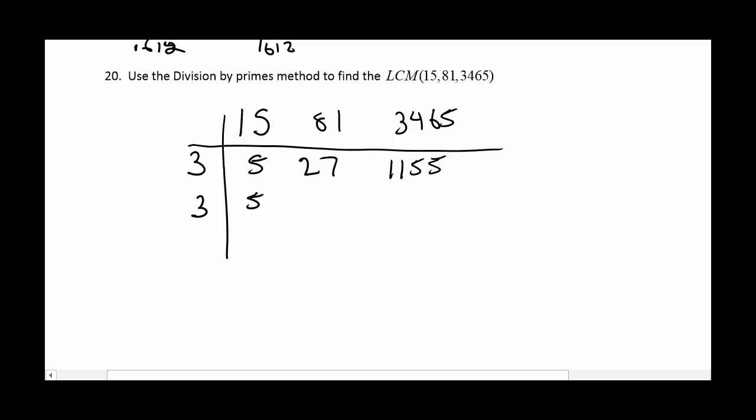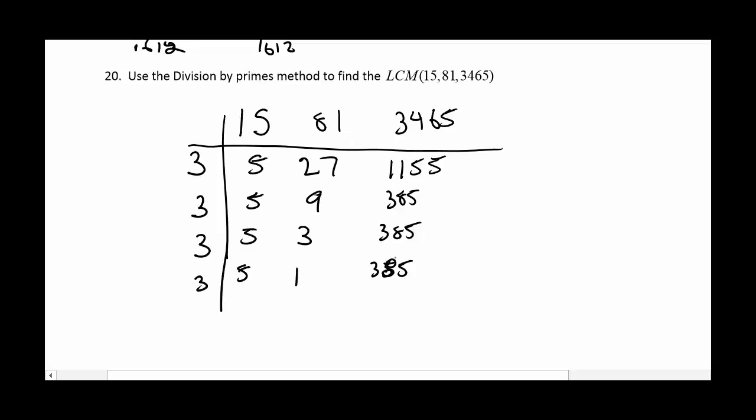So the 5 I just dropped down, 27 becomes a 9, that becomes a 385, and I still see that I can take out another 3. And let's see, can I take out a 3? I can't take a 3 out of that, so I'll do one more. So 5, 1, and then 385.